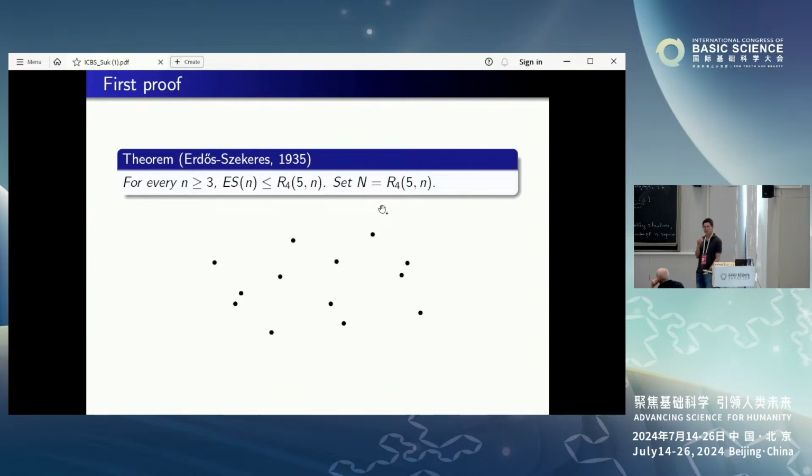And then they said that anytime you have a large plane point set, there must be a convex position. Color the 4-tuples of points: a 4-tuple is red if its points are in convex position.